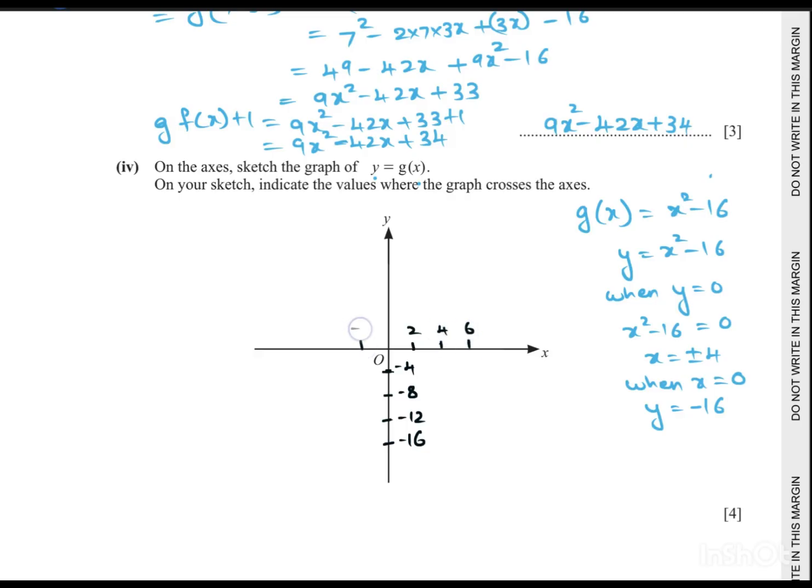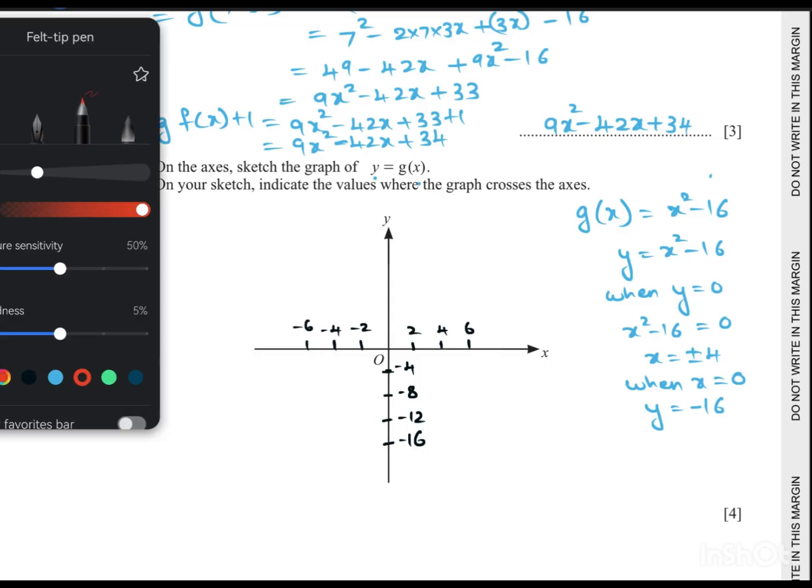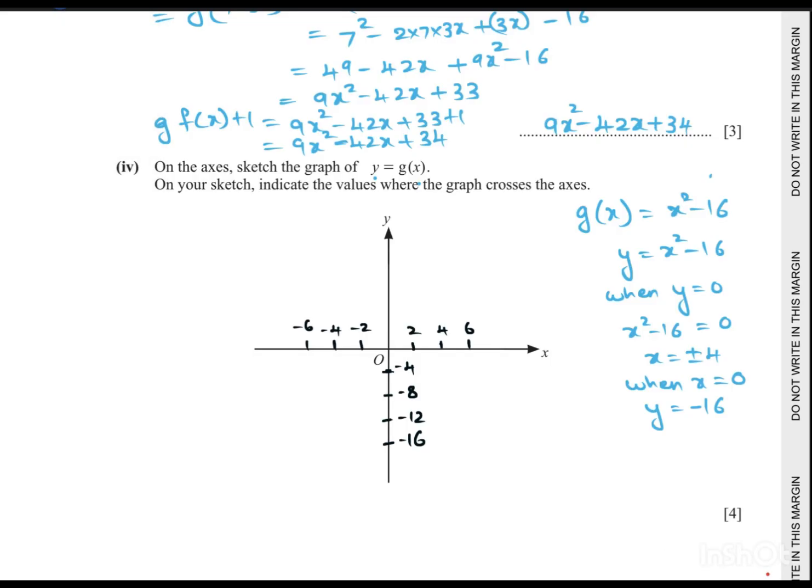Same way, minus 2, minus 4, minus 6. Now mark them. Now on the x-axis, plus 4 and minus 4. And on the y-axis, minus 16. Using this, we will draw the graph.